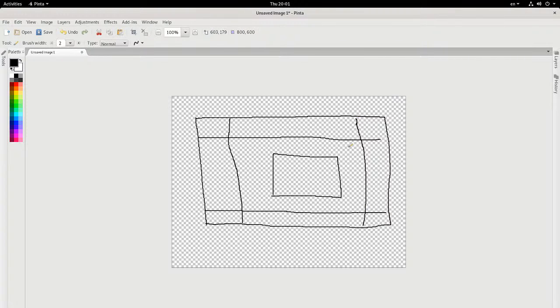I see why it's a rectangle now instead of a square. Okay, I'll stop roasting the authors. This is actually not a great example.